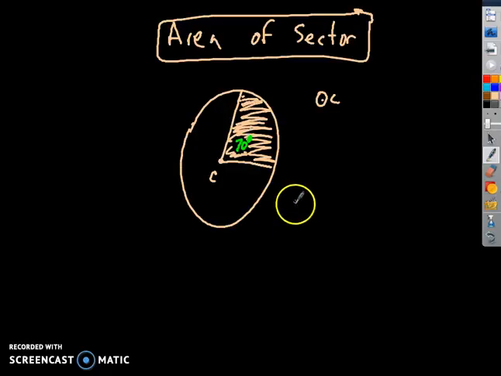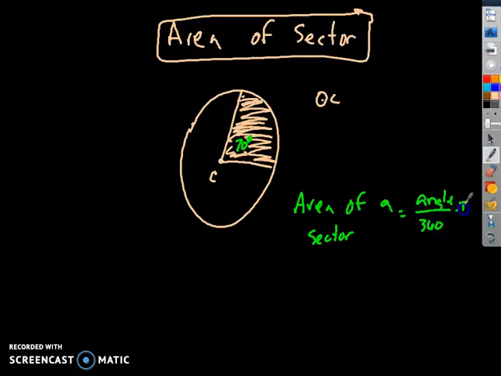Basically, the formula for the area of a sector is the angle over 360 times pi radius squared. So my angle is 70. It would be 70 over 360 times pi, and I need to know my radius.